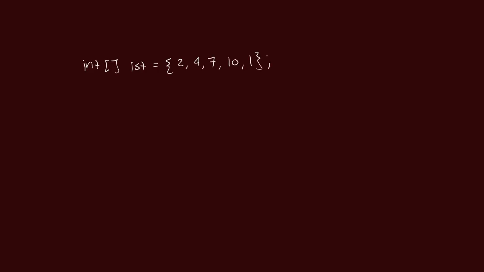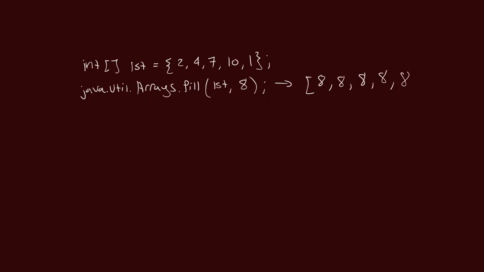If you do java.util.Arrays.fill, and we pass in list here, and then here we're going to pass in what we want to fill our list with. So let's put in 8. This would replace our entire list with 8. So it'll be 8, 8, 8, 8, and 8.